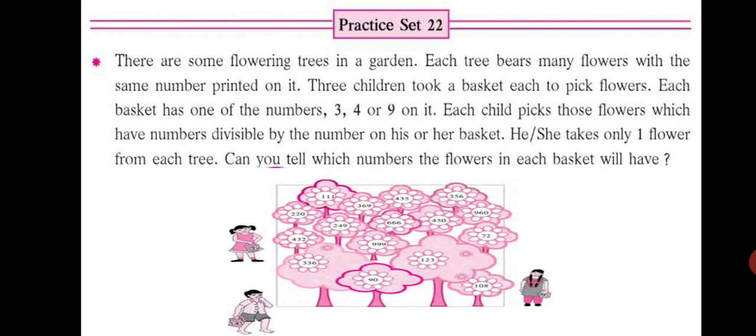Next is 249. Add 2 plus 4 is 6. And 6 plus 9, 15. 15 is divisible by 3. That means 249 will go in the basket number 3. So like this, each and every plant you are going to check. Alright, so let us see now the solution.